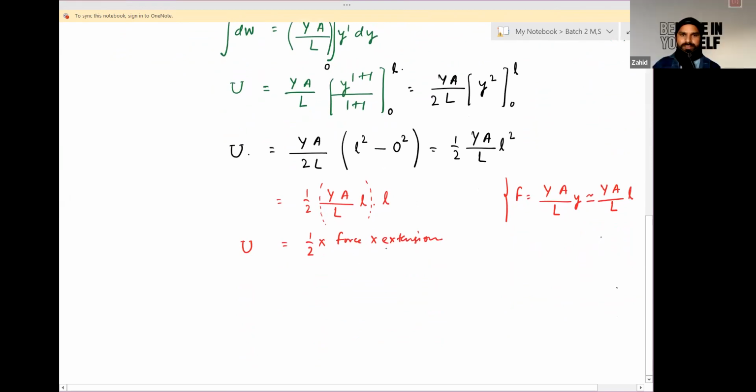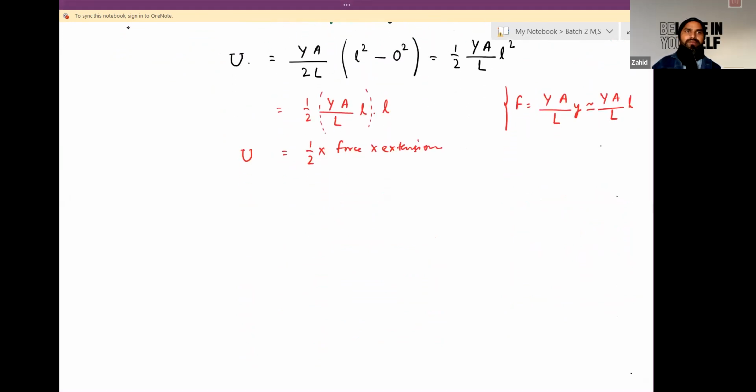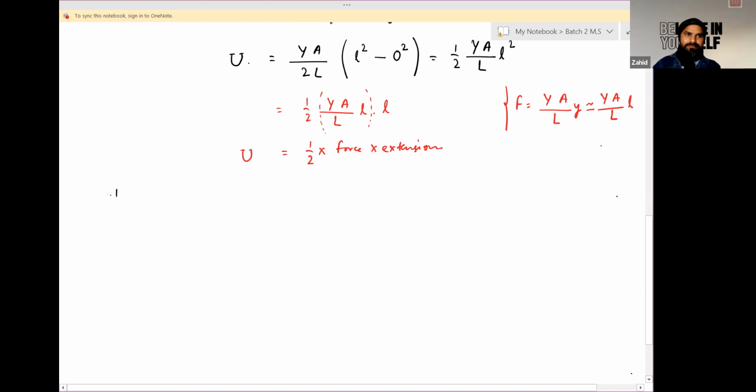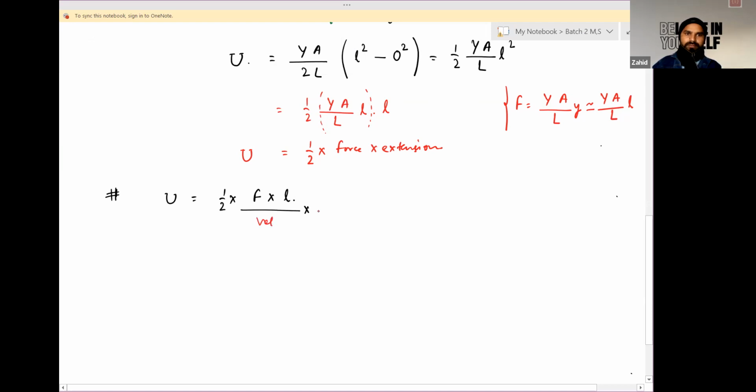Now we have to convert this particular expression in terms of stress and strain, since most of the questions will be in terms of stress and strain only. So how to relate this particular term: potential energy equals half times force times extension. If you divide this whole expression and multiply it by the same term, the fraction will remain the same. So divided by volume and multiplied by volume.